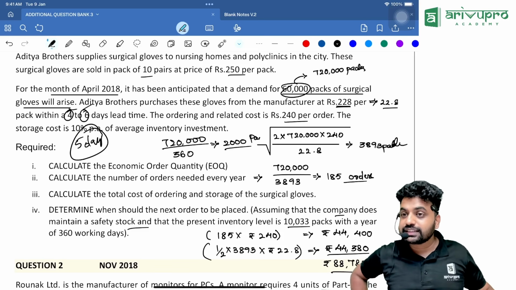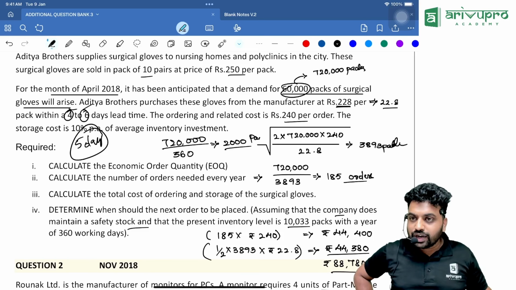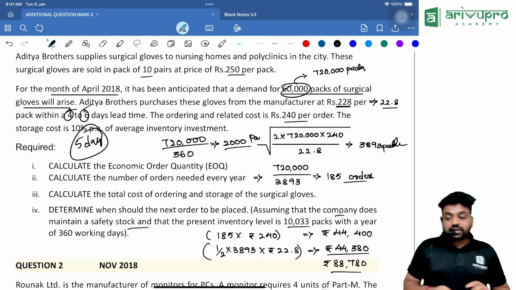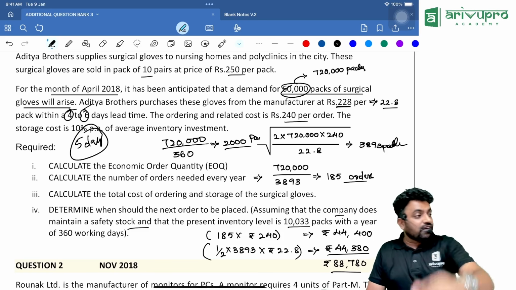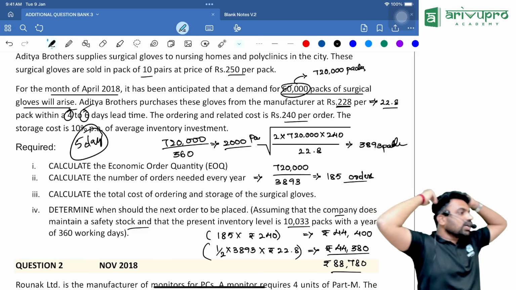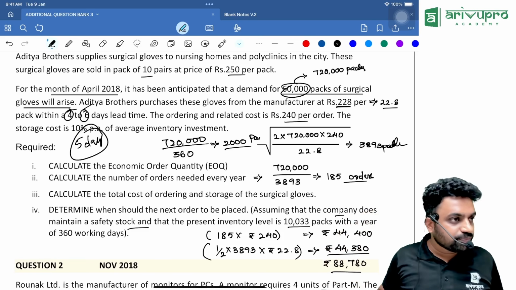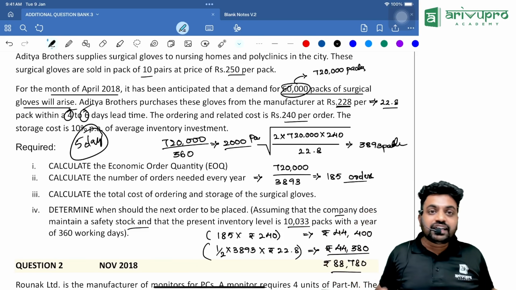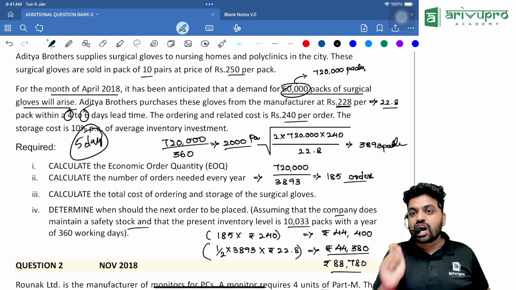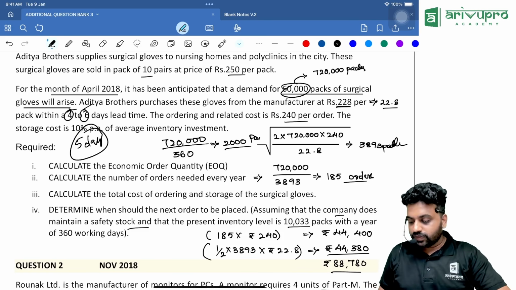Anyone, any doubt in this? No doubts? You understood what I am trying to tell? Also in conclusion, you should write, on the basis of average, you should place the order immediately because we have a requirement of 5 days left. However, if the vendor takes maximum lead time, then still we have a stock out for 1 day. That you should write.